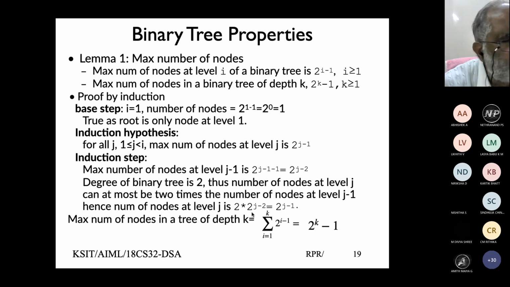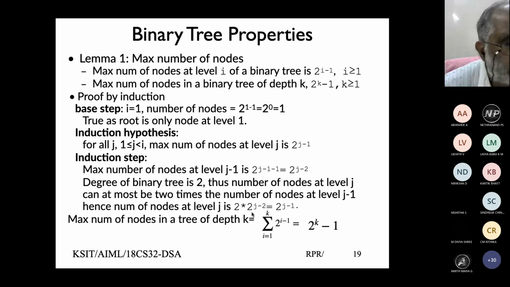I will not go over the proof, we used proof by induction: proof for the base case, then take an inductive hypothesis, and using the induction step, assuming it is true for depth k, we prove it for level k plus 1, and that's how we prove the binary tree property.